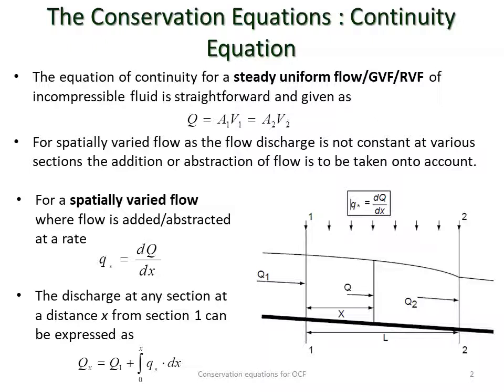So if we consider that for a spatially varied flow, the rate at which the flow is added or abstracted is given by q star equal to dQ by dx, then the equation of discharge or continuity at a section which is at a distance x from section 1 can be expressed as the last equation of the slide: Qx equal to Q1 plus the integral from 0 to x of q star dx.